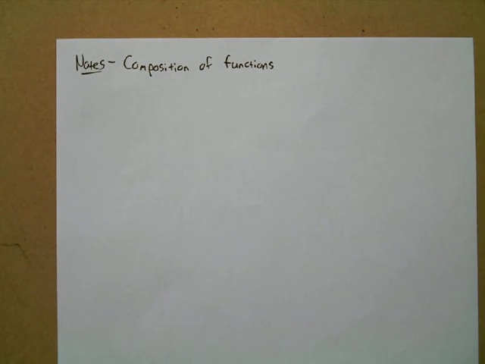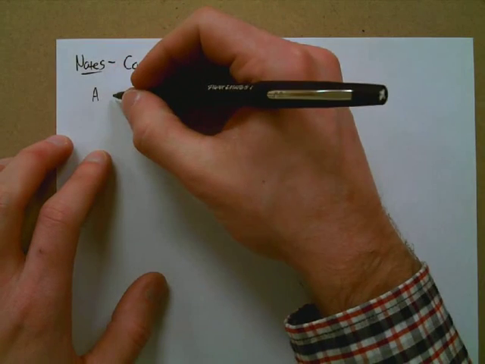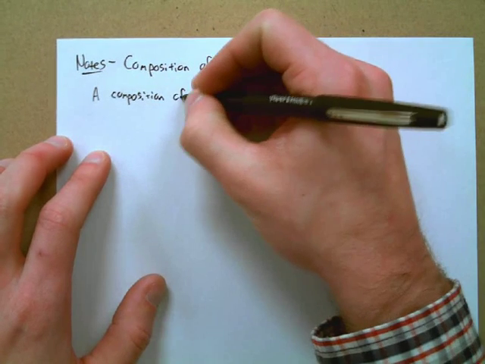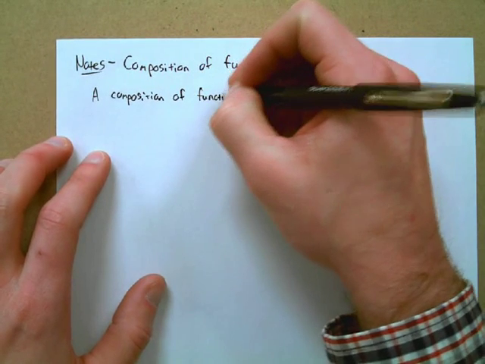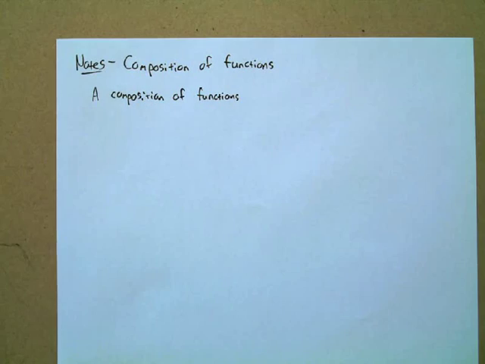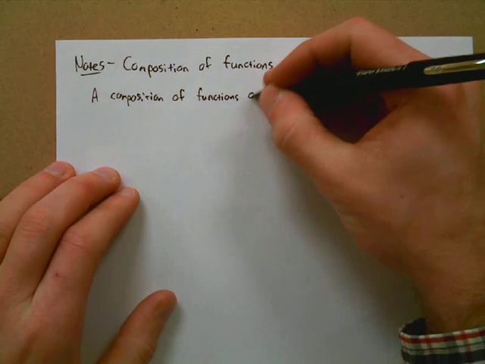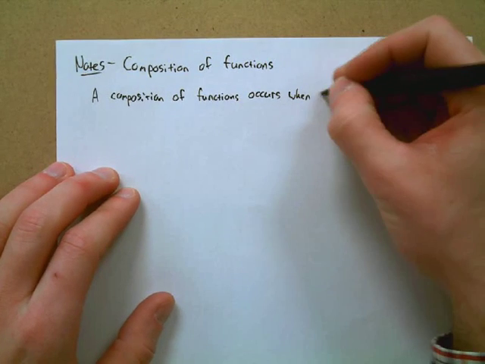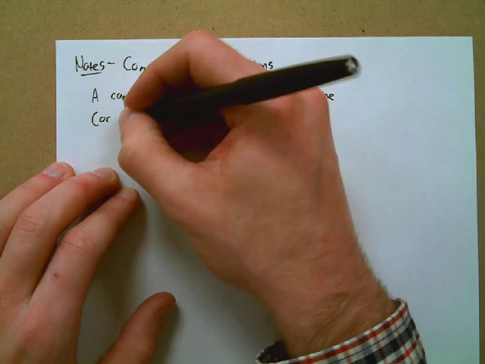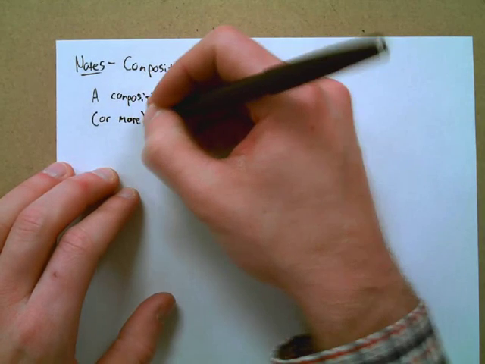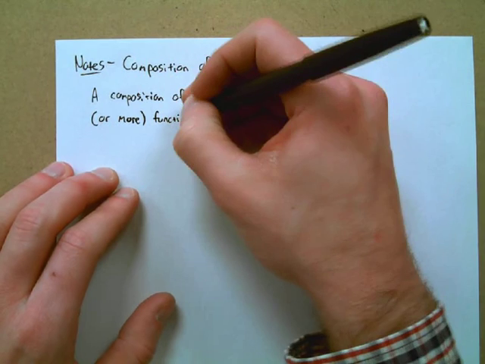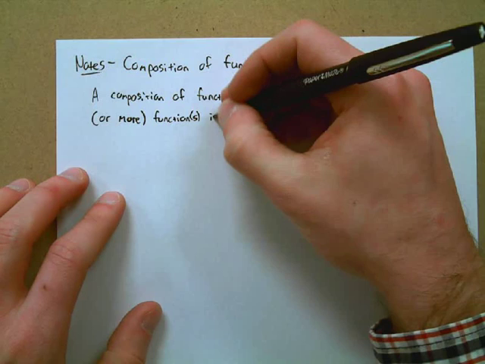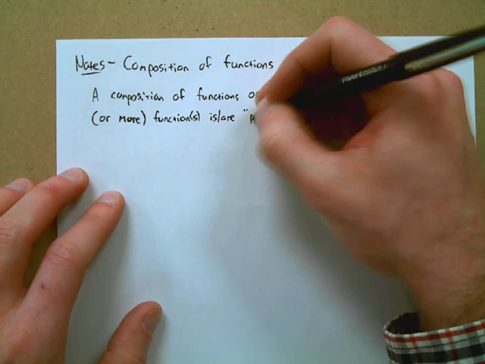And so this is not a mathematical definition by any stretch of the imagination, but we'll just say a composition of functions occurs when one or more functions are plugged into another function.